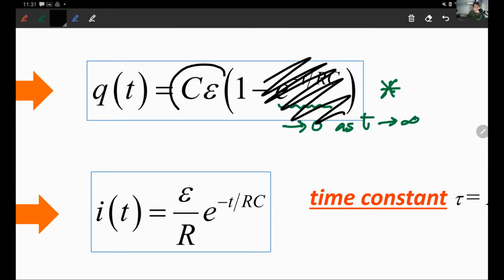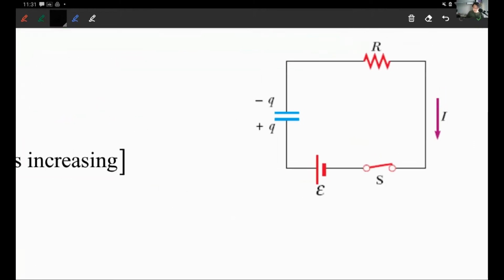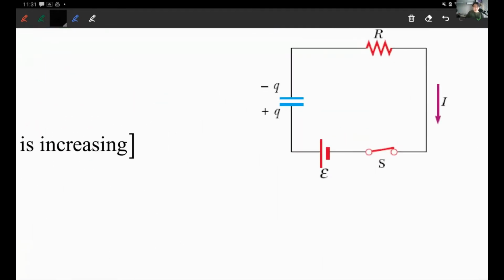And see what you get at the end? It's the formula for the capacitance. Q max equals CE. You guys with me? Okay, so when you wait long enough, eventually this circuit will look just like you have no current flow, because we said when you wait long enough, there will be no more charging. Charge cannot flow into the capacitor anymore.